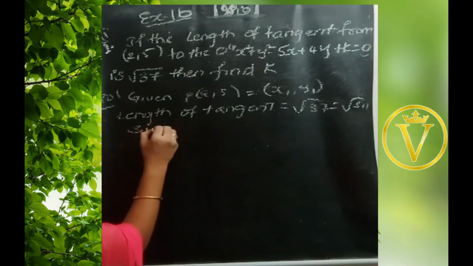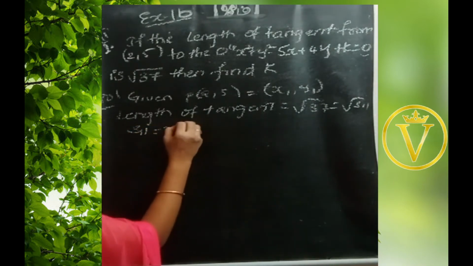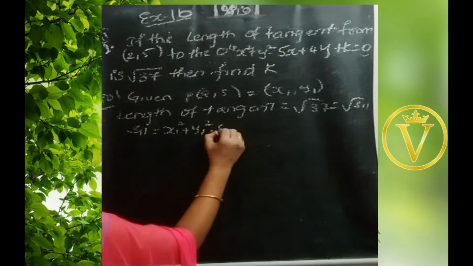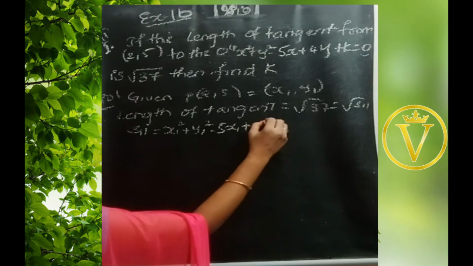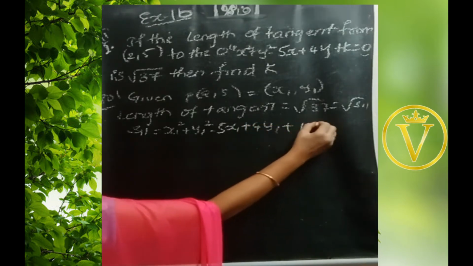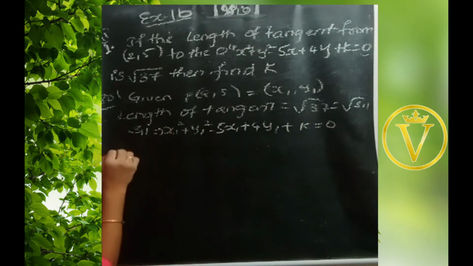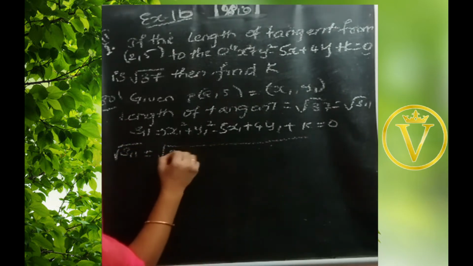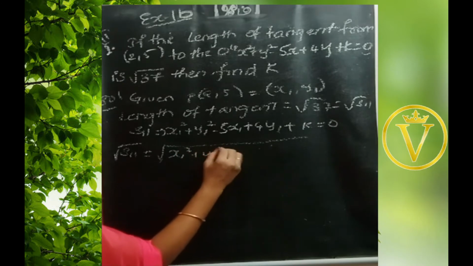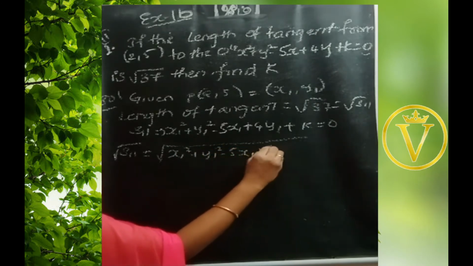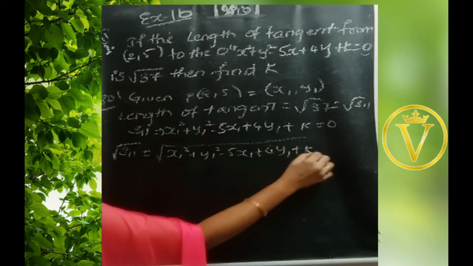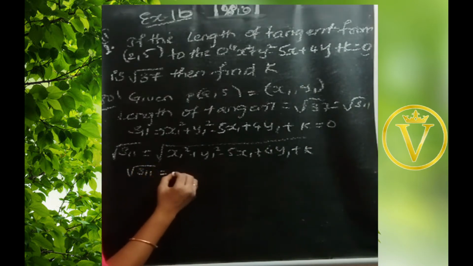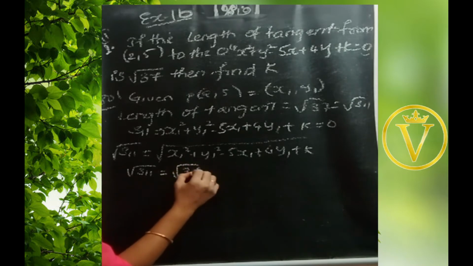First we have to find S11, which is x1 square plus y1 square minus 5x1 plus 4y1 plus k equals 0. Root S11 is root of x1 square plus y1 square minus 5x1 plus 4y1 plus k. Now root S11 equals root 37.